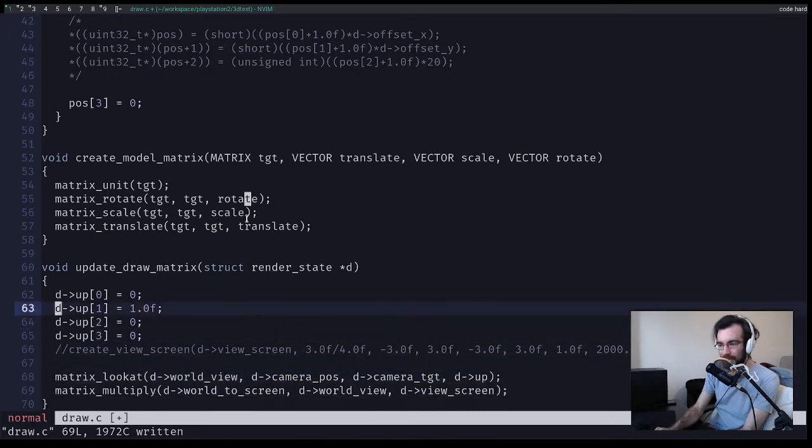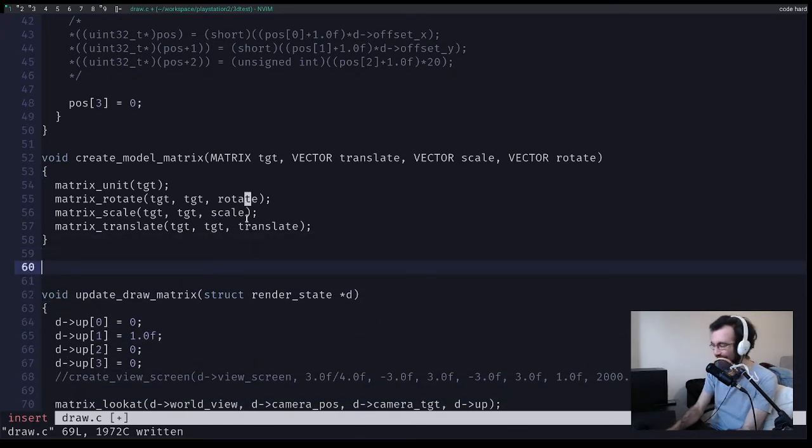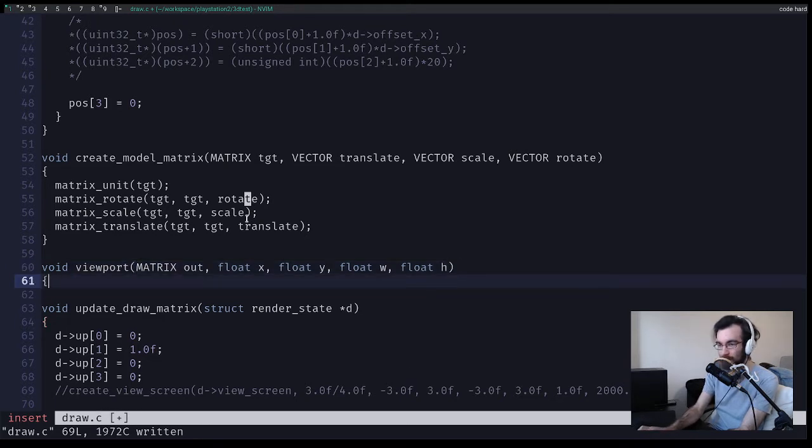Let's just write our own version of this function for now. Void viewport. We'll parameterize it. We'll have an x, a y, a width, and a height.